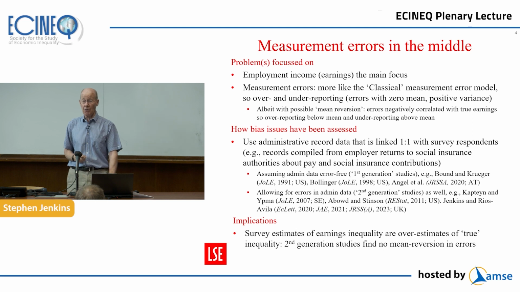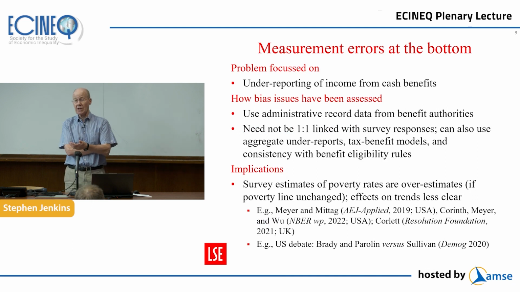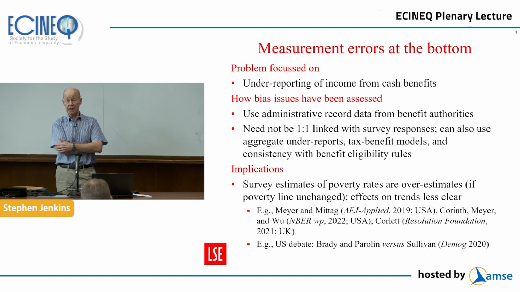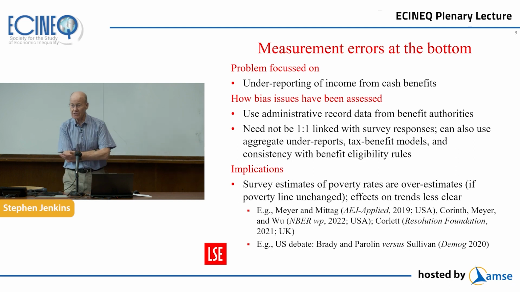What happens if you go down to the bottom? Well, here the principal source of income in many countries is transfers from the government, cash benefits as I'll call them, and typically people talk about under-reporting of benefits at the bottom. How do we know this? Administrative records again.